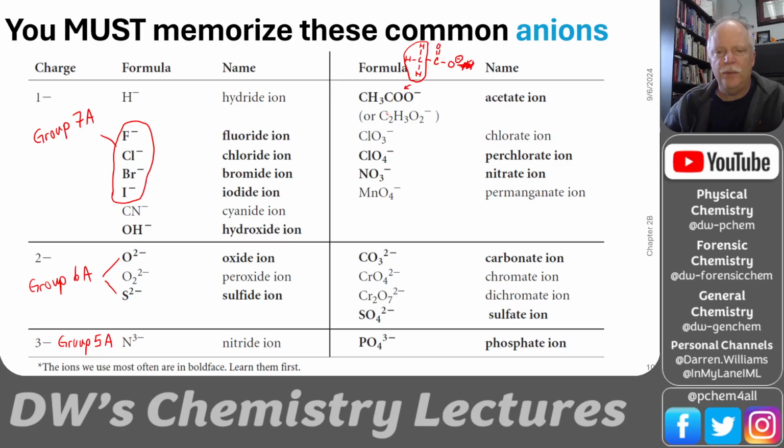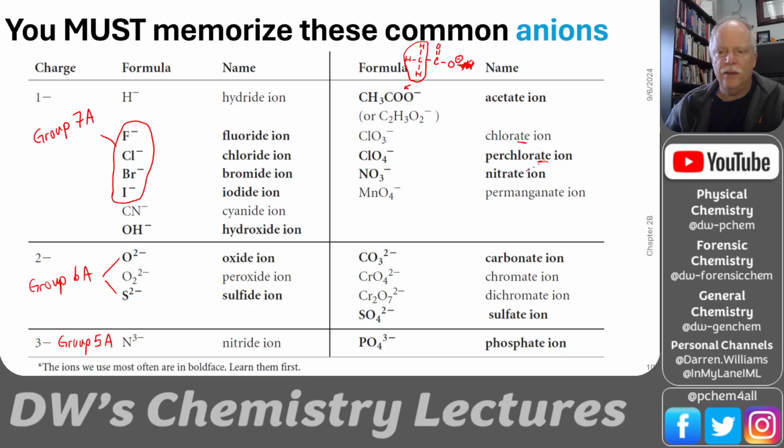But sometimes we teach you how to clean up your structures, and so you would combine the carbons and combine the oxygens, and you'd have C2H3O2 minus. So be on the lookout for both of those. They're both acetate. There's 2 different ways to write that. Then we have chlorate and perchlorate and nitrate and permanganate. All of these ates.